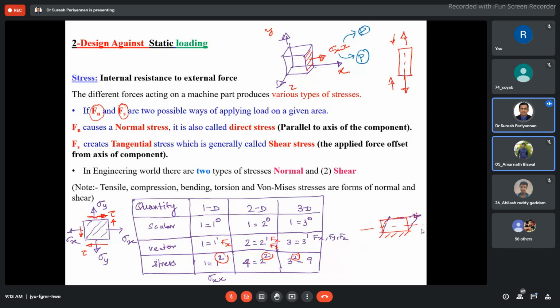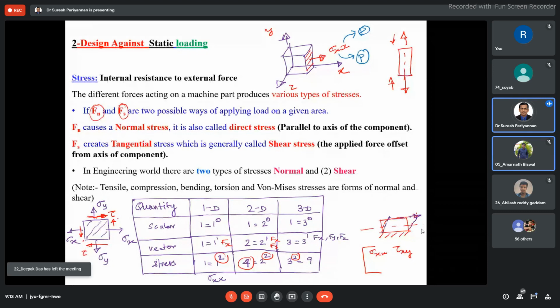Now we should get 4 components because this is a biaxial stress. Sigma x, tau xy, because this guy here is playing in both. This is one couple, and this here is another couple.